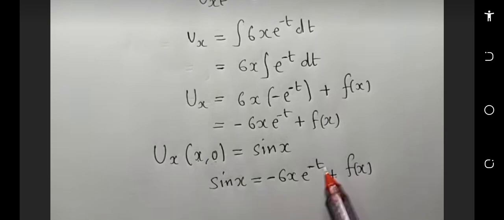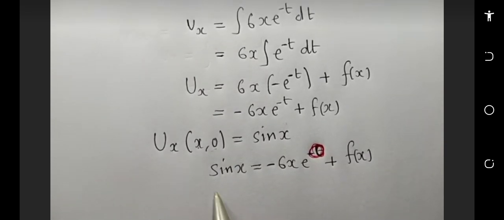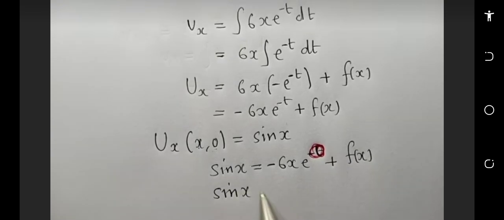So where are we able to see a t? It's right here. So this t will be equal to 0. Okay, so it will be negative 0, which is the same as 0. So it's e to the power 0. So this e to the power 0 is the same as what? 1. So it will be sine x is equal to negative 6.